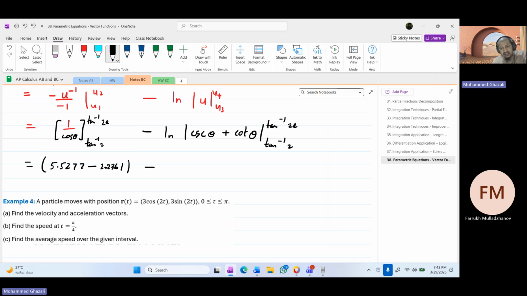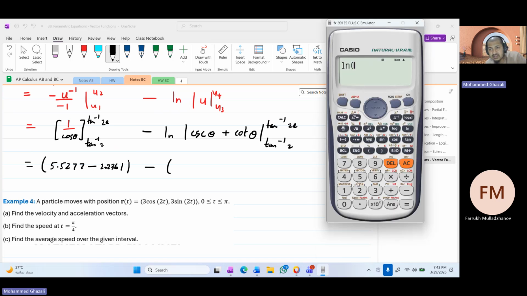Substituting that in, upper boundary, subtract len. You can see what a headache this is. Len cosec. What is cosec? 1 over sine.